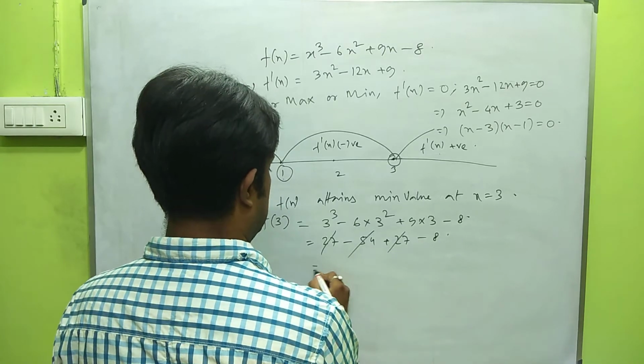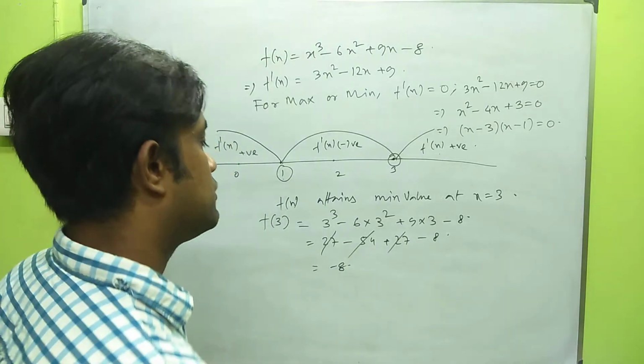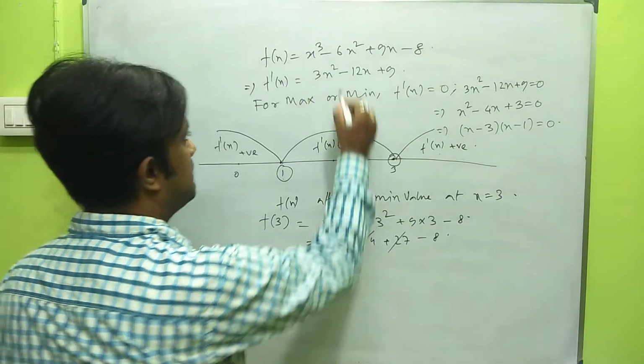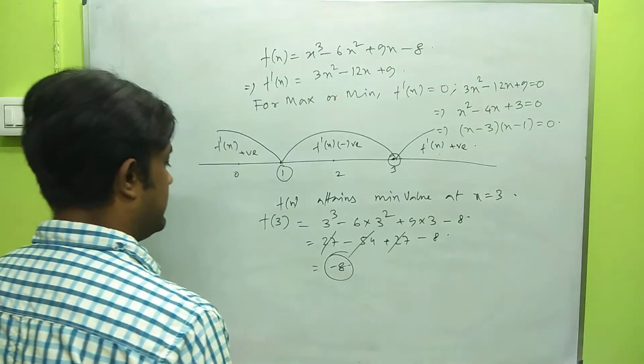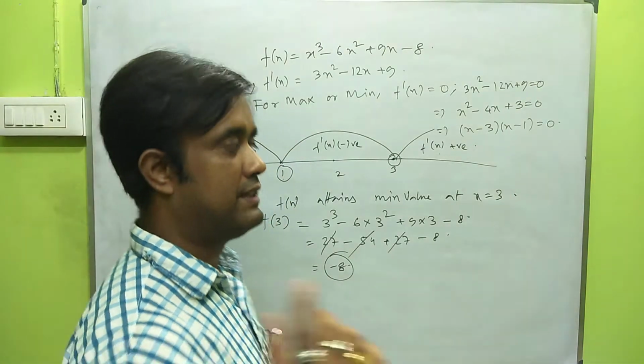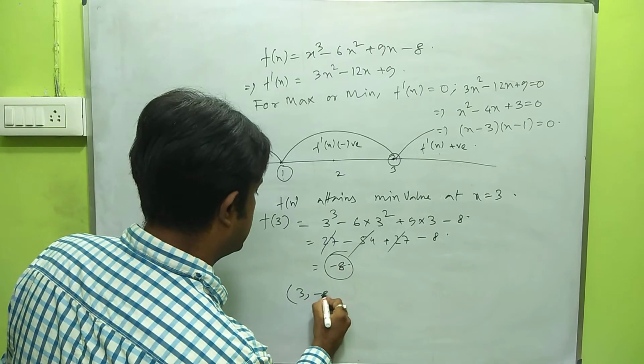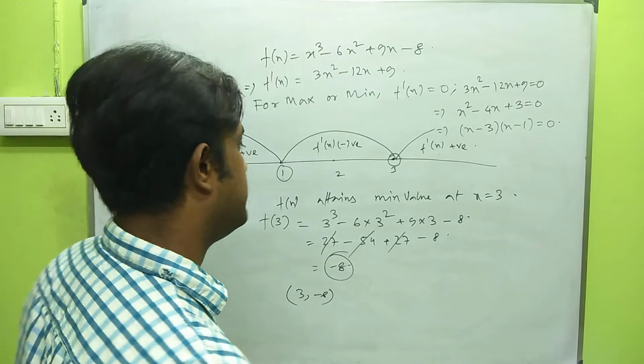That is minus 8. So the minimum value of the function is minus 8, and the point at which the function has minimum value is 3 comma minus 8.